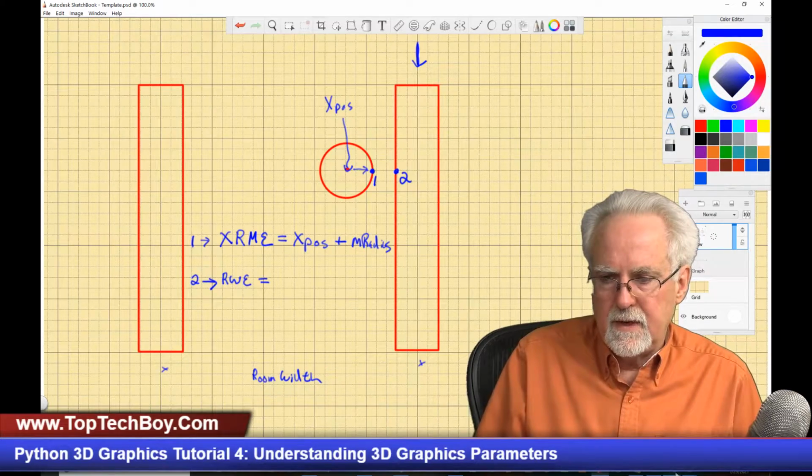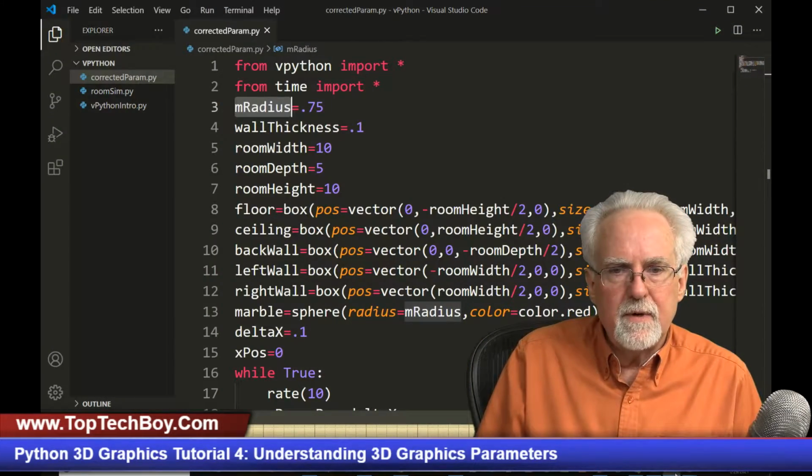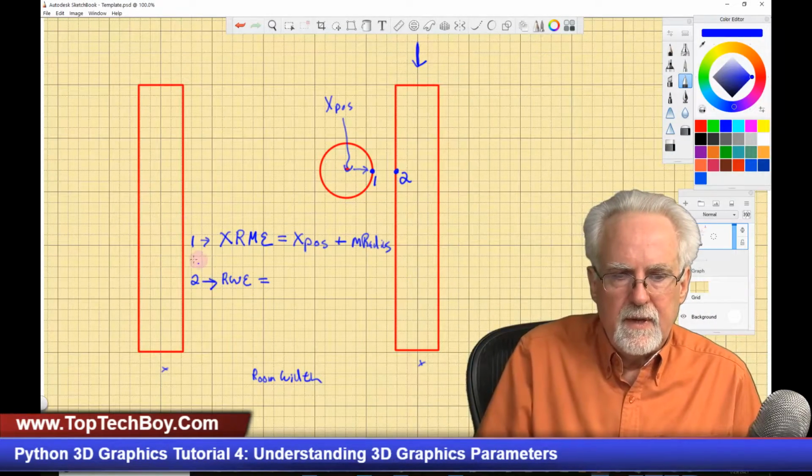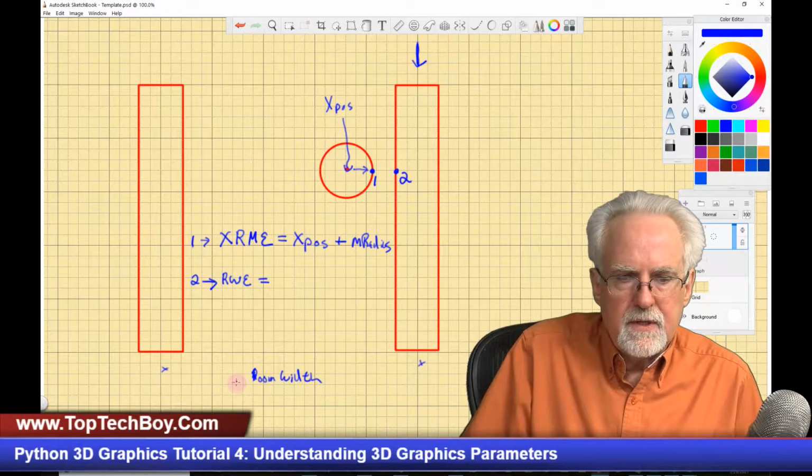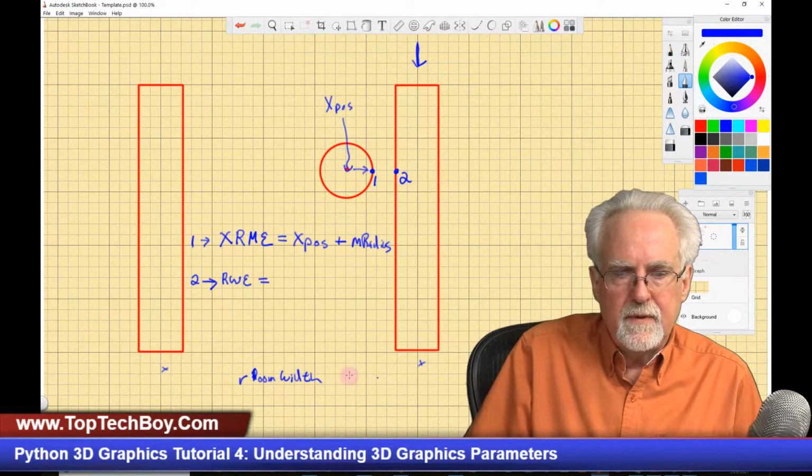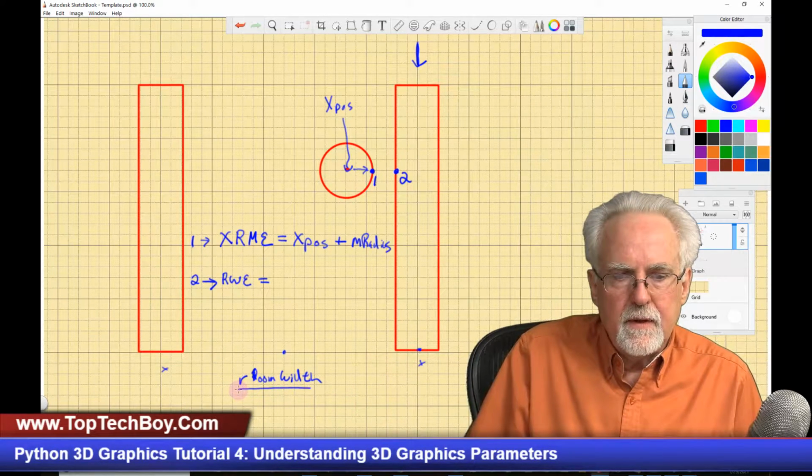Let me make sure I'm using the same parameters. It is room width, and this was a small r, room width. Then the distance from here to here would be room width divided by 2.